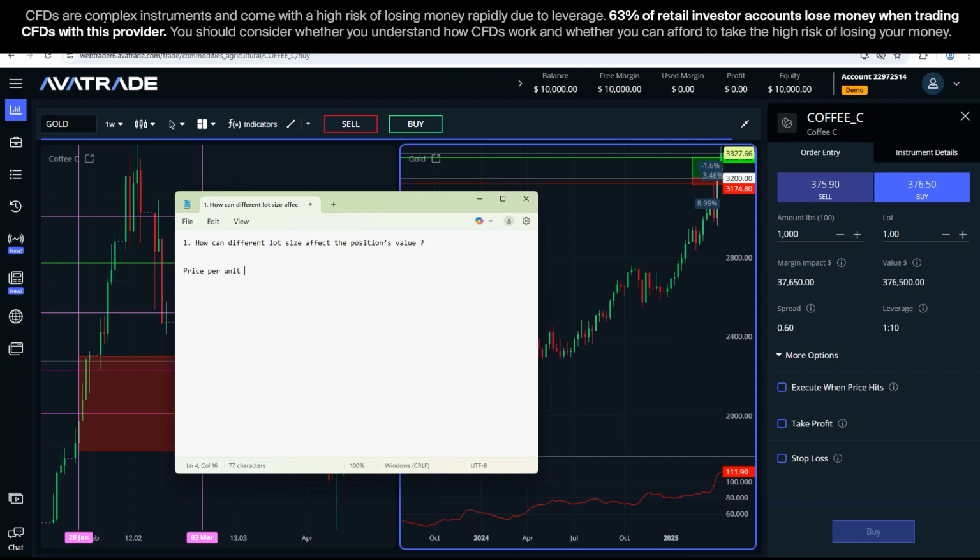So the price per unit, we'll write that for both. First of all, we'll write the name of the instrument. So now we've got coffee in here, and price per unit is 376. We're looking at the buy at the moment, and the number of units for one lot is 1,000.